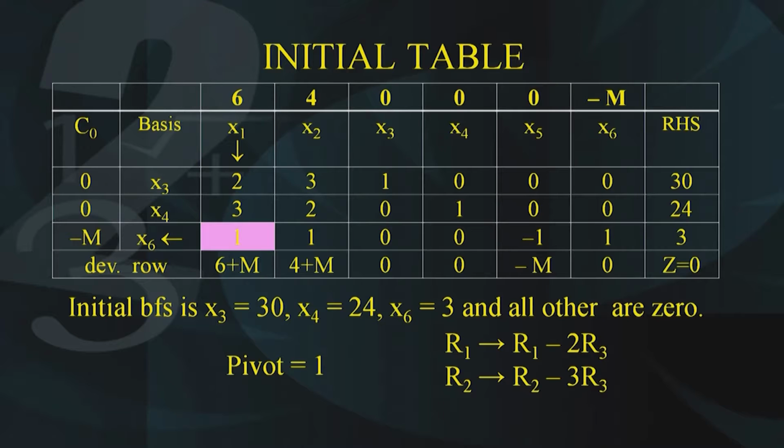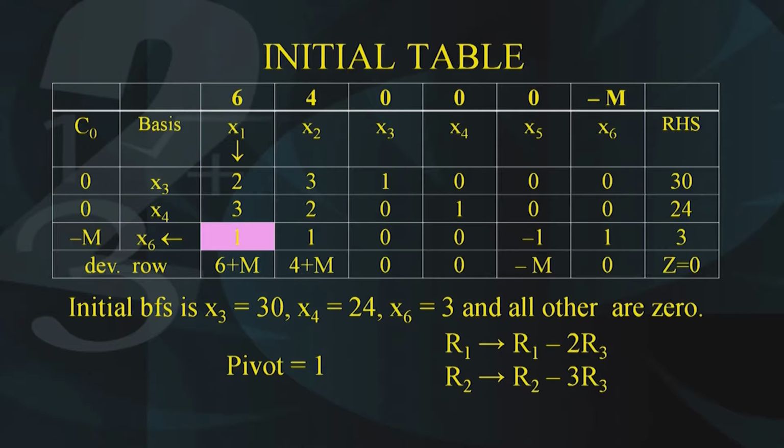These entries we will write down from the given problem: 2 3 1 0 0 0, 3 2 0 1 0 0, 1 1 0 0 minus 1 1, and the right hand side is 30 24 3.